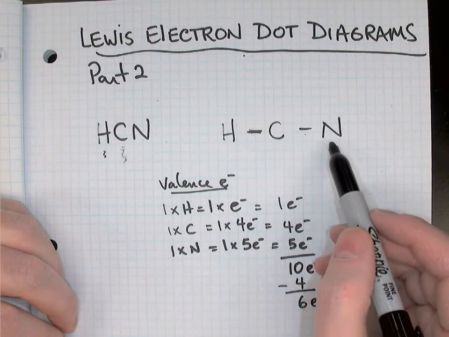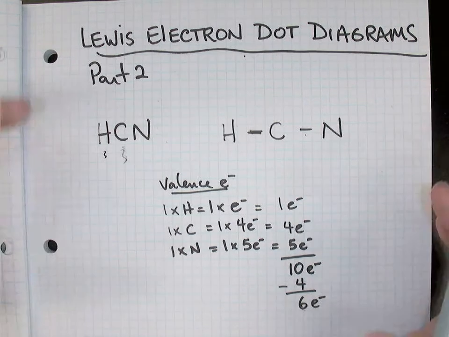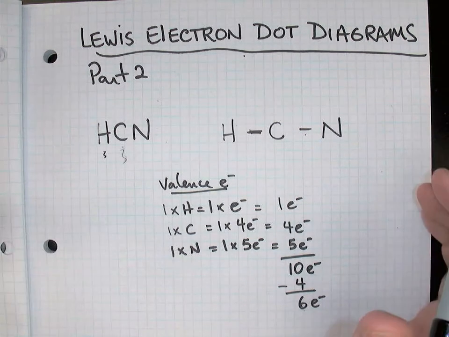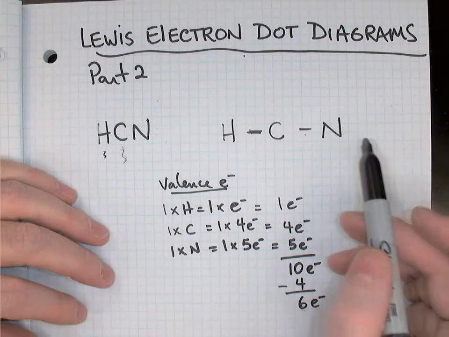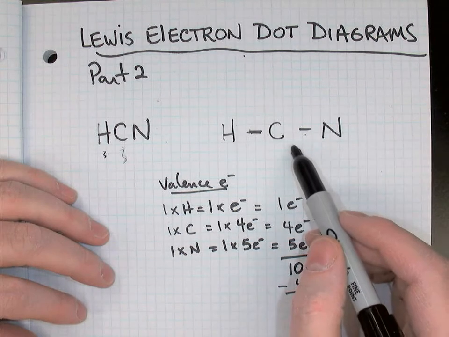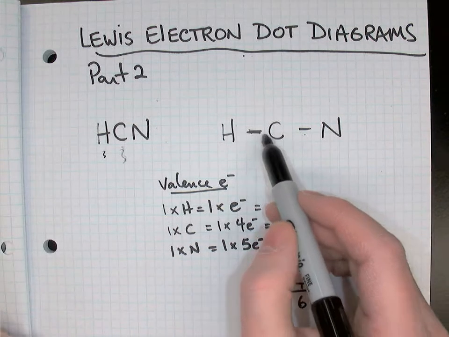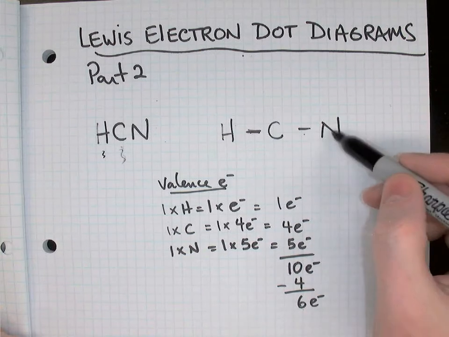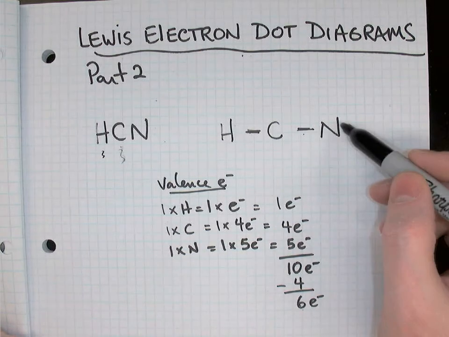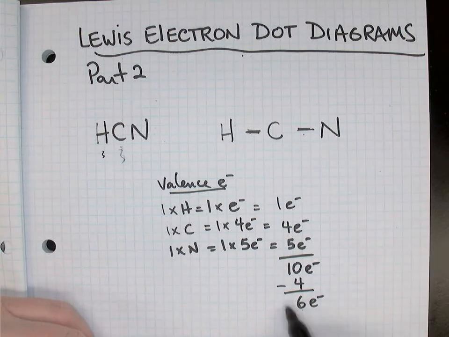Carbon and nitrogen are in period 2 on the periodic table, so they follow the octet rule and they never break that rule. You never get more than 8 electrons for elements in period 2. So carbon currently has 4 electrons, it needs 4 more. Nitrogen currently has 2 electrons, it needs 6 more.